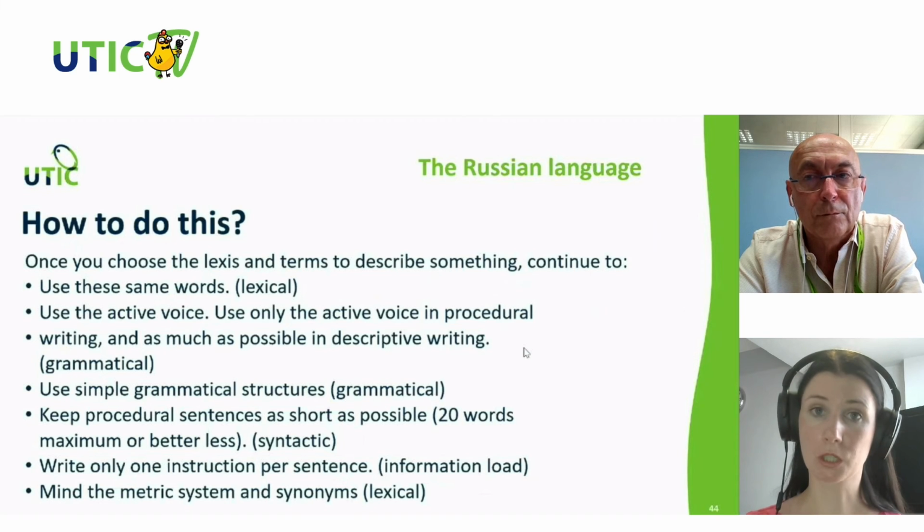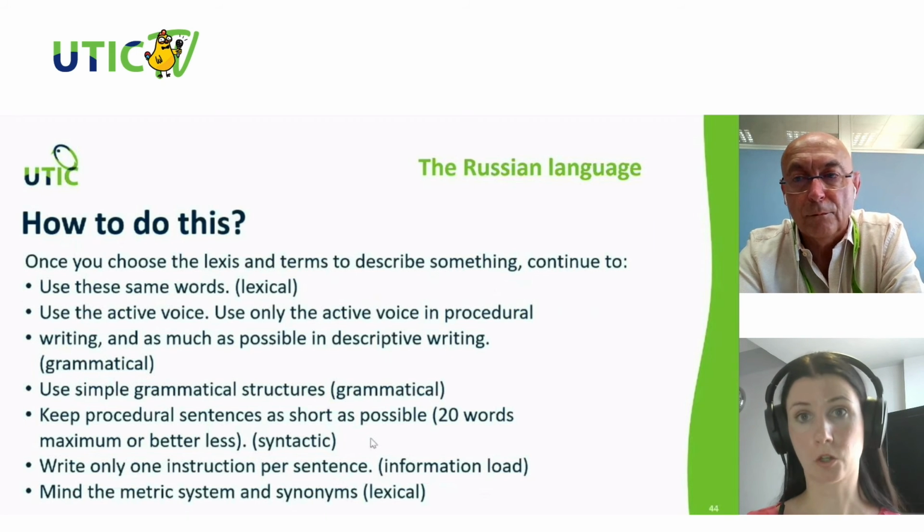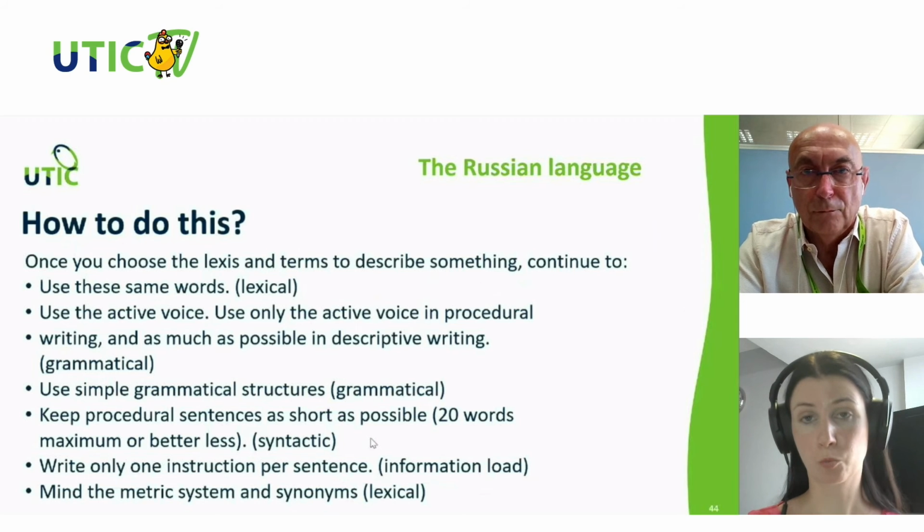What can we do in order to control Russian as to the technical typicality? I want to underline that we should remember the restrictions about the number of words in the sentence. We make the simplified syntaxes.